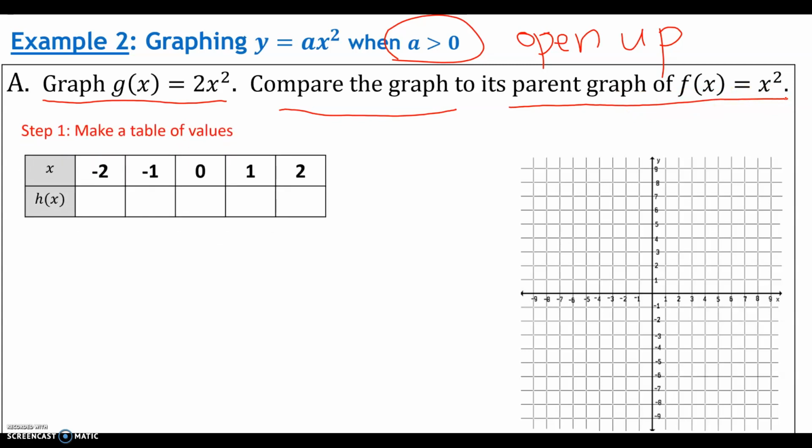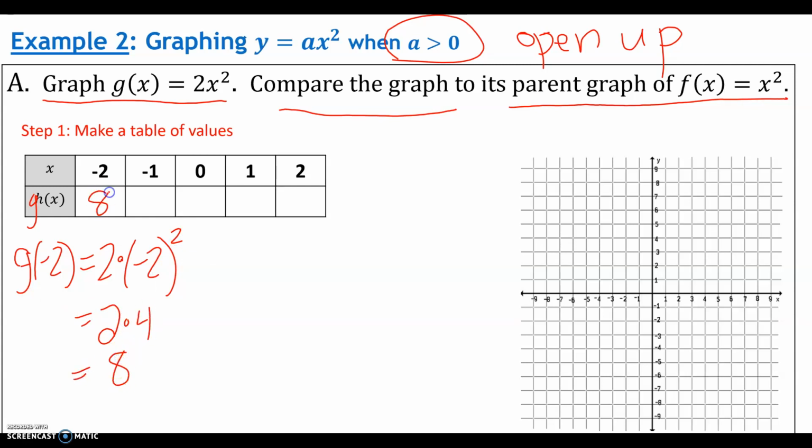So notice again, -2, -1, 0, 1, 2. So let's plug these in. So we have g of -2. So 2 times -2 squared. Now you need to remember your PEMDAS rules. So if we do this, we do 2 times the -2 squared is 4.